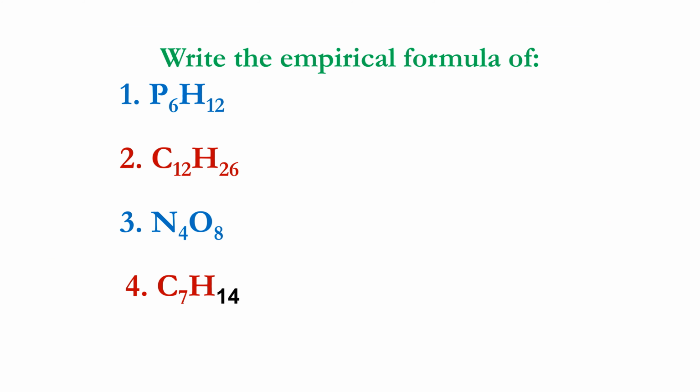Just to test your knowledge, to know whether you've understood how to write empirical formula from molecular formula, you can try these examples and see whether you will get the empirical formula.